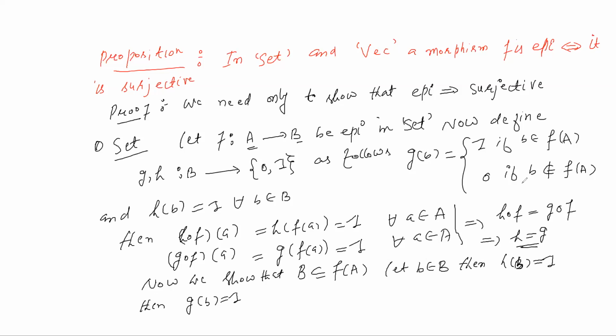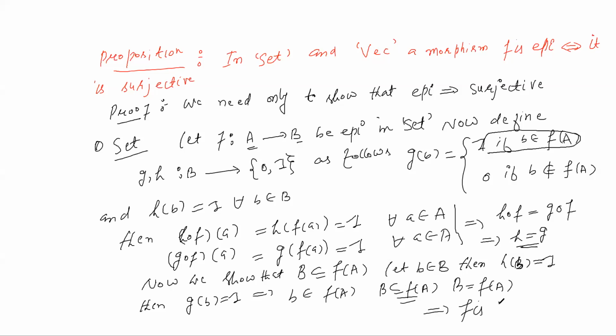So once g of b is 1, by the definition of g, b must be in f(A). So B is contained in f(A), and so B is the same as f(A). This means f is surjective.